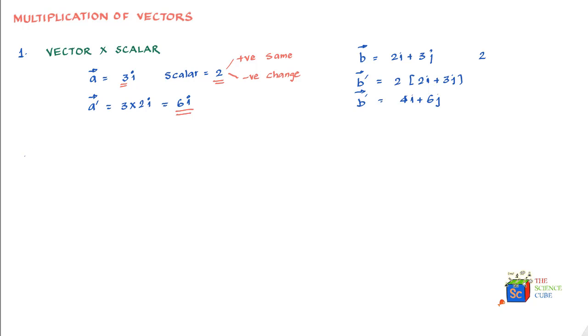The second kind of vector multiplication is when a vector is multiplied by a vector. And within this you have two kinds of multiplications. The first one is what we call a dot product. So let's say you have two vectors.